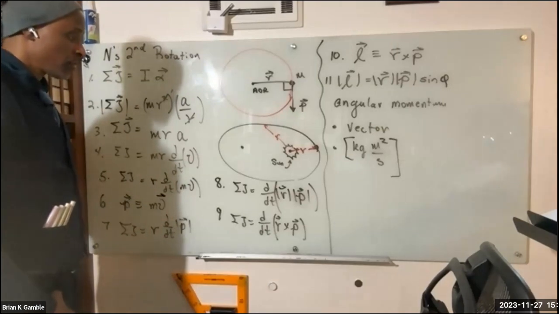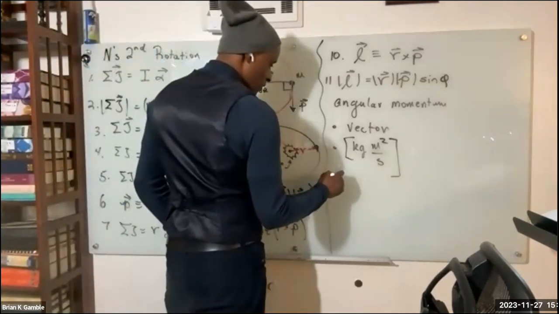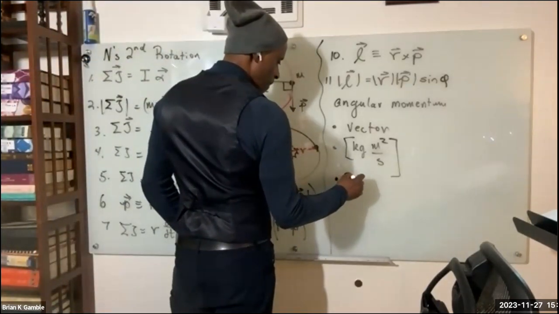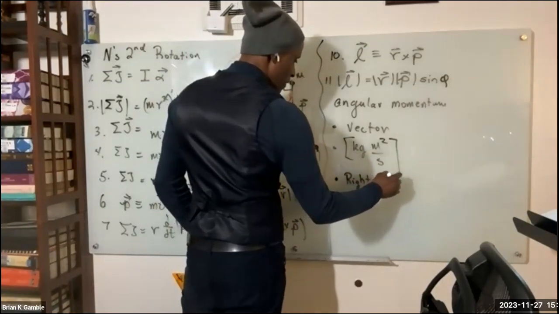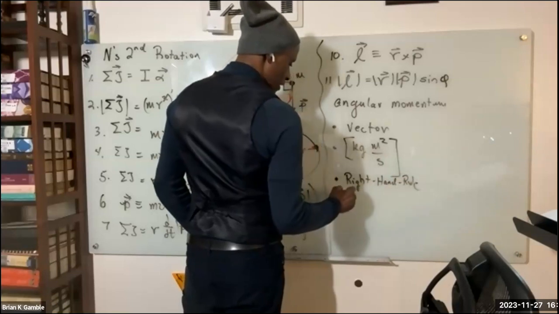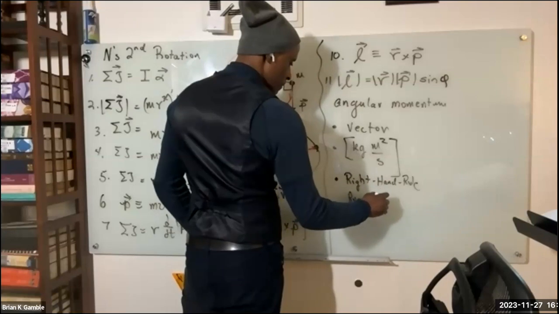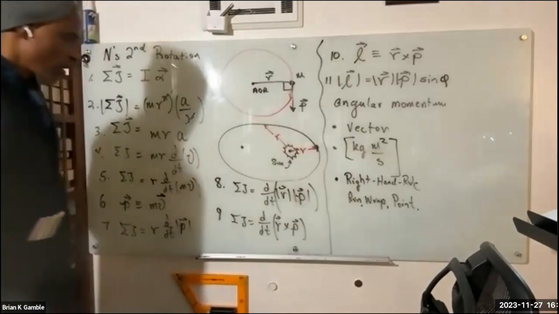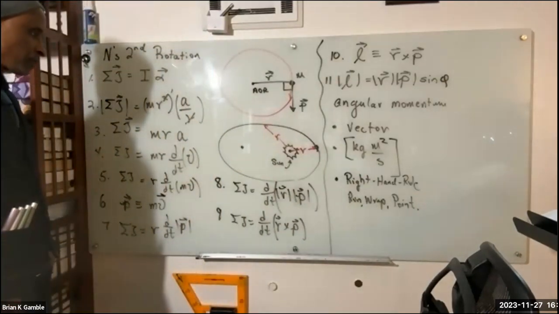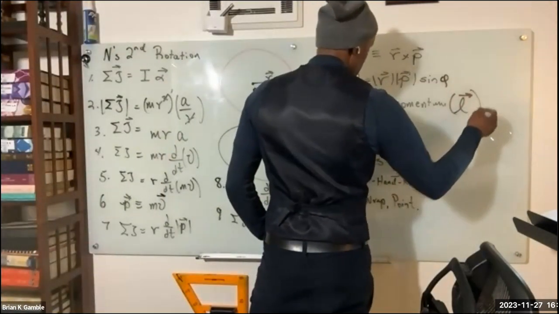And for the direction, you use the right-hand rule. It abides by the right-hand rule, the run-wrap-point. We still have that in play. That's all the properties I can think of at the moment. Well, it abides by superposition.